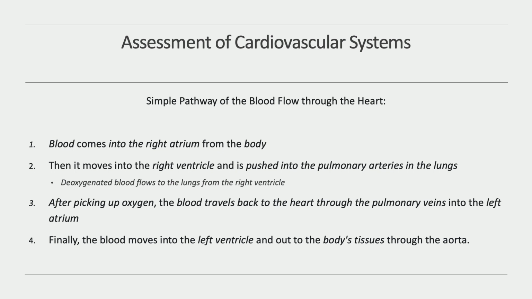This would be the kids walking up the stairs with the basket of laundry that is aerated and quote unquote oxygenated. And then finally, the blood moves to the left ventricle out of the body's tissues through the aorta, which would represent mom grabbing that basket and distributing it to all of the kids' bedrooms. Okay, aka distributing all that blood to all of the tissues via the left ventricle.